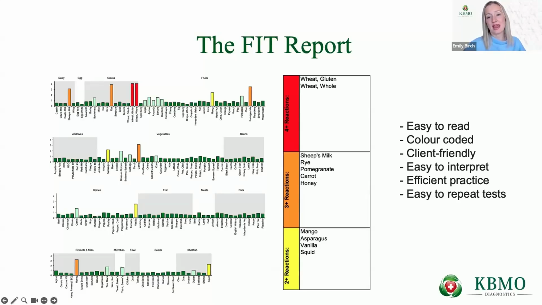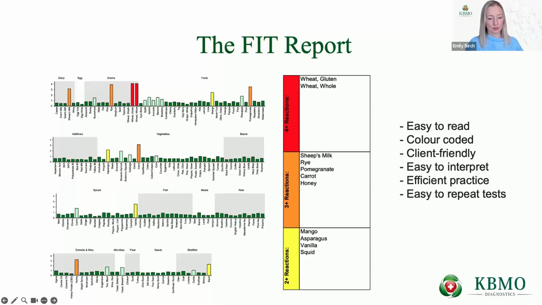And as you can see here, we've essentially got these three categories. We've got red, orange, yellow. All of these foods are reactive in your client. They have stimulated an immune response in your client. The red to the greater degree, then we go to orange, then we go to yellow, stimulating to a slightly less degree, but still stimulating an inflammatory immune response.